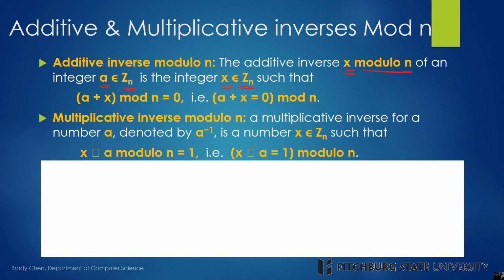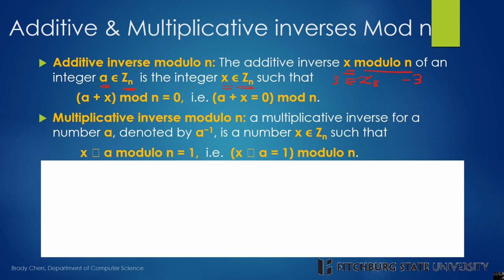So what does that mean? Let's say Z8. Now 3 is an element of Z8, right? So what is the inverse of 3? Remember, in the general sense, the inverse is minus 3, right? Because 3 plus minus 3 is 0.